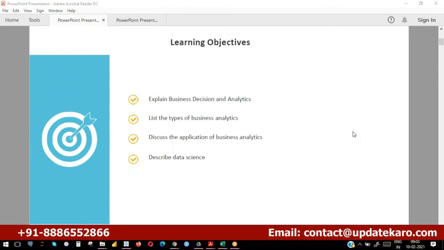Correct? So it is very important as a business analyst. There are many roles in business analytics. You can go as a business analyst, data analyst, business insights head, Tableau consultant, Power BI consultant, or R consultant. There are many other tools.